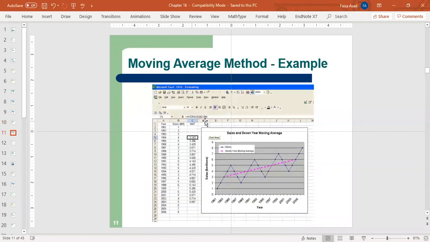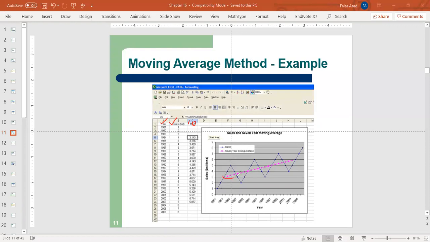So here we have the moving average method example. This Excel example is printed over here. Here we have years, then sales in millions, and then M is 7. It means moving average of 7 years. So we are dividing the sum of each 7 values by 7 and getting the answers.